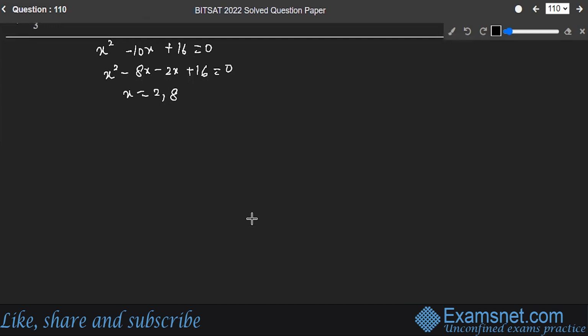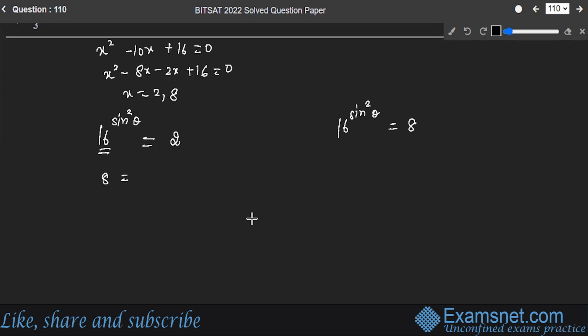So that means you have 16 power sine square theta is equal to 2, or 16 power sine square theta is equal to 8. They are the two possible values.